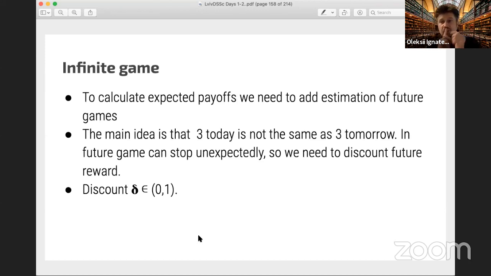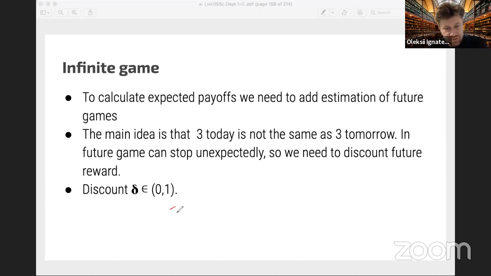So if you get 3 in this round, in the next round it would be delta times 3 in present value, and in the round after it would be delta squared times 3, and so on.